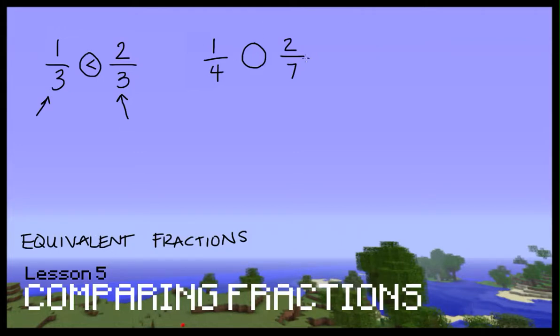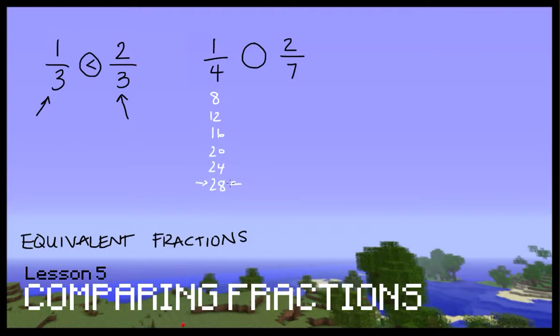So if I look at 1/4 and 2/7, are 4ths and 7ths equivalent? Obviously, no, they're not. So I have to go, okay, well, fine then, be that way. How do I make them equivalent? Well, remember, I can count by 4s: 4, 8, 12, 16, 20, 24, 28.